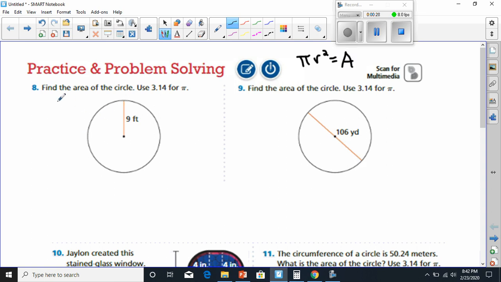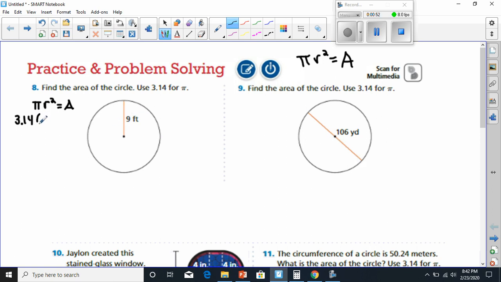So let's begin. Since we're starting with pi r squared, we'll write it out. Now let's trade off the variables. We know that pi is going to be 3.14 in this problem. The radius shown here is 9.